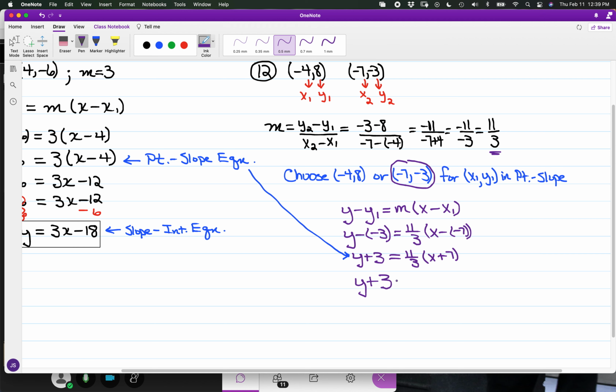if I distribute, we have 11/3 times x, so this will be 11/3 of x, and 11/3 times 7, so this will be 77/3.